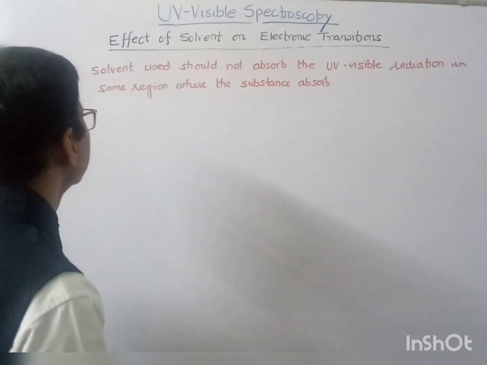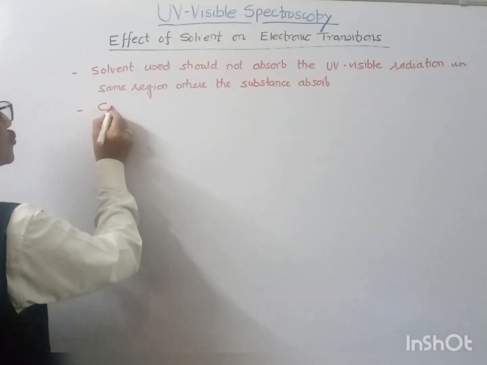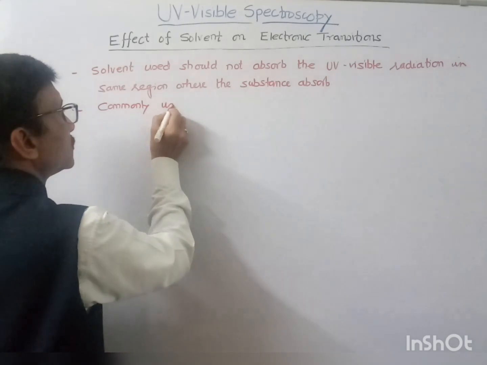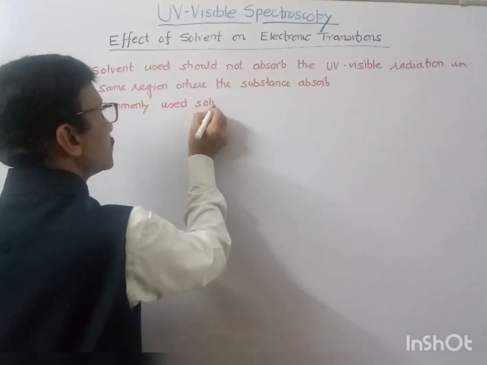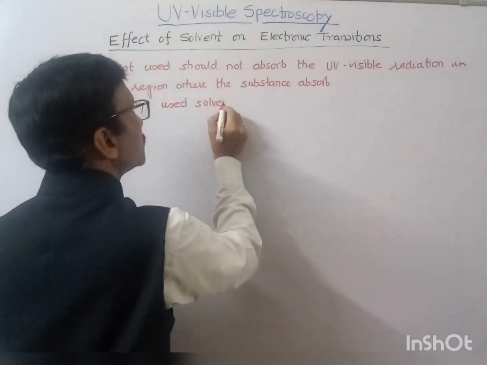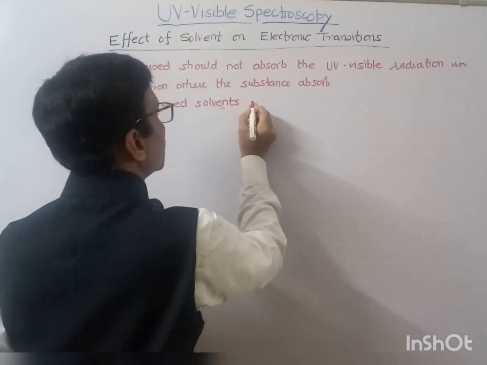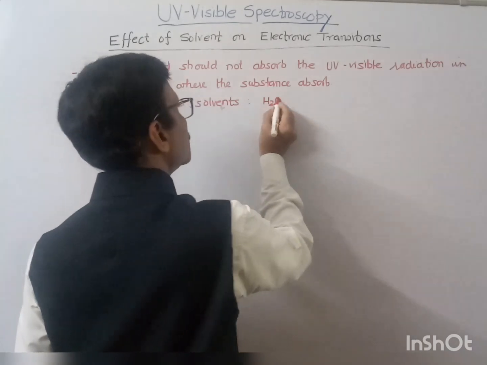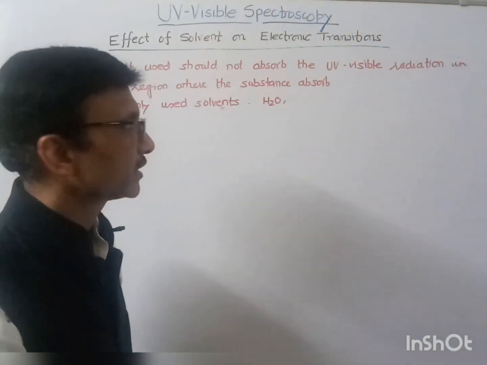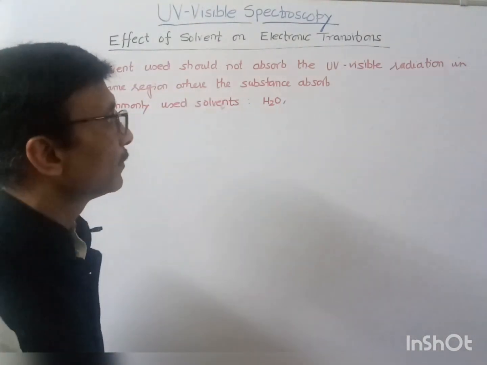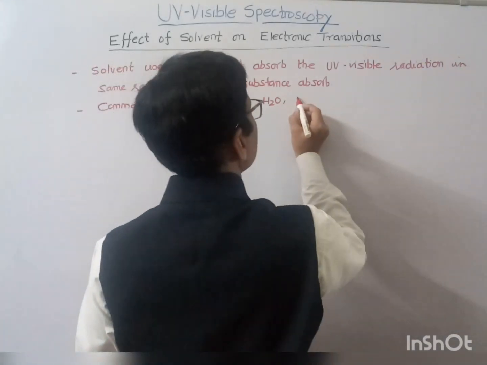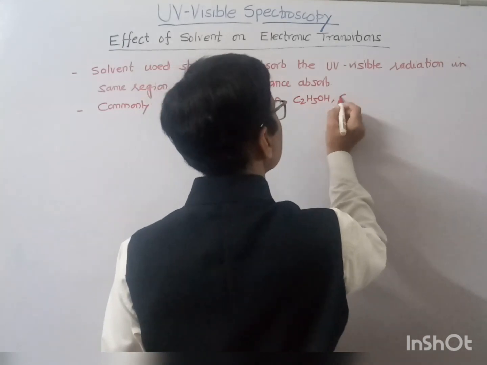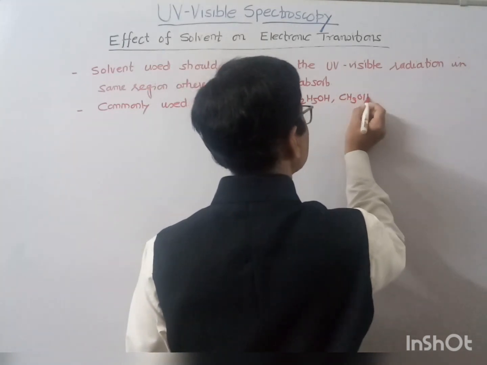And the commonly used solvents are, for example, water. Suppose a compound is dissolved in water, then we can take water as a solvent, but water is a polar solvent. Or we may take ethanol or methanol, these are polar solvents.